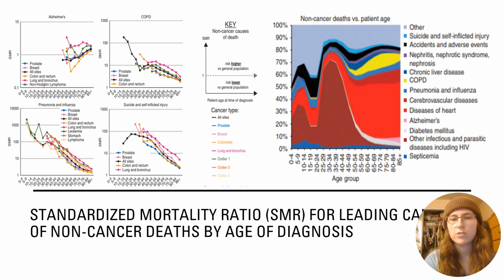And then on the right here is just the different types of death by age, in one graph by itself. A lot of it, when you're older, is going to be diseases of the heart, but when you're younger, it's actually more infectious and parasitic diseases. And again, it's just the effects of the treatment and the effects that it has on your immune system.